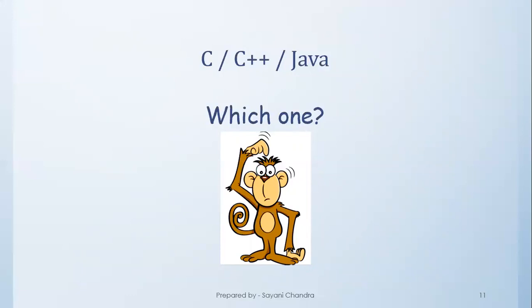C and C++, both the languages use the concept of pointers, but in case of C++, there are some forms of references available also. But in case of Java, there are no pointers, only some references are used. This is a very important concept related to Java.